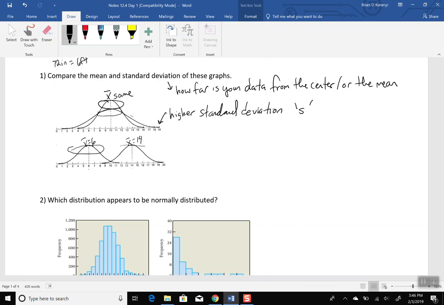The same thing here, that same amount of that graph, I only have to go the same amount left and right. So this one, the means are different, the average is different. But the standard deviation, the S, is the same.